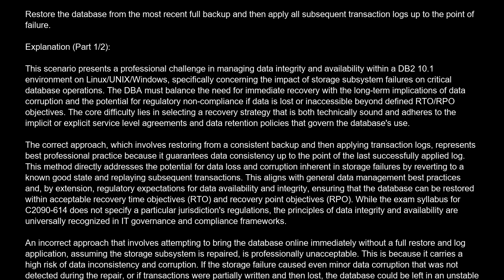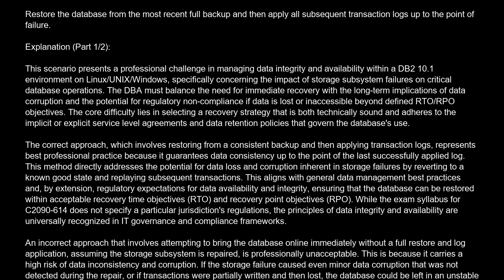This method directly addresses the potential for data loss and corruption inherent in storage failures by reverting to a known good state and replaying subsequent transactions. This aligns with general data management best practices and, by extension, regulatory expectations for data availability and integrity, ensuring that the database can be restored within acceptable recovery time objectives, RTO, and recovery point objectives, RPO.